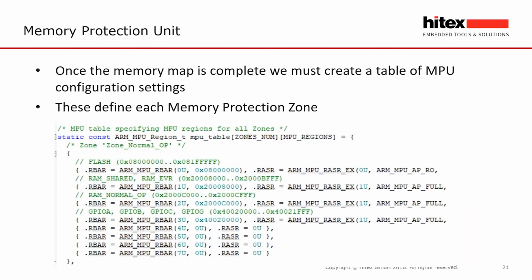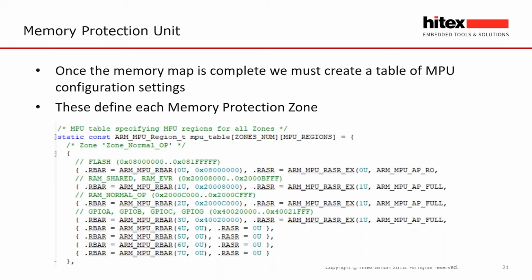And then once we've done all that, we've defined our thread, we've laid out its memory, and we've defined its protection zone. We then need to create an MPU table that reflects that memory layout. So here we're programming up memory protection regions to grant access to the flash, RAM, and peripherals.